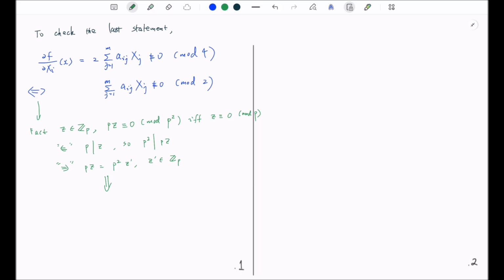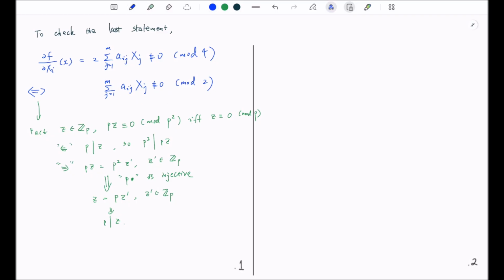This is by the injectivity of the multiplication by p map. So we can cancel a p from both sides. And this implies that p divides z. So this, not congruent to 0 modulo 4, is equivalent to saying that this is not congruent to 0 modulo 2.